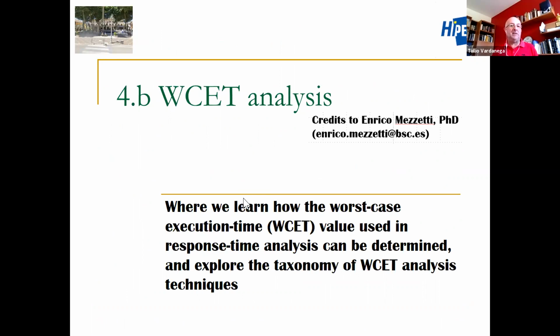And now we delve into, oh, this blasted worst case execution time. How could we ever compute it? Because remember, I mentioned earlier today, that's the only task parameter which is for the computer scientist to study. The others are given. All right, how can we study it? And this is how we analyze how it is computed.